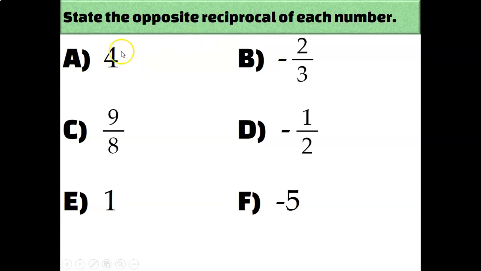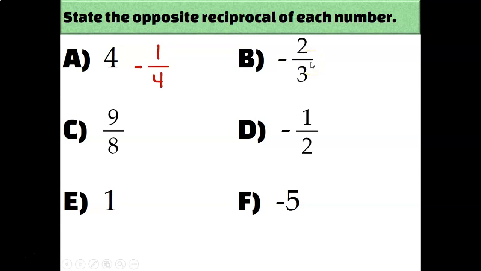So the reciprocal part of changing 4 into its opposite reciprocal is making it 1 over 4 instead of 4 over 1. But 1 over 4 is just a reciprocal. I need the opposite reciprocal, which means since 4 was positive, I need a negative for my answer. So negative 1 over 4 would be the opposite reciprocal of positive 4.